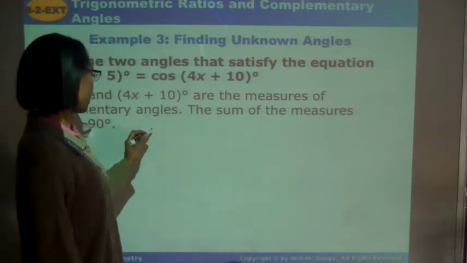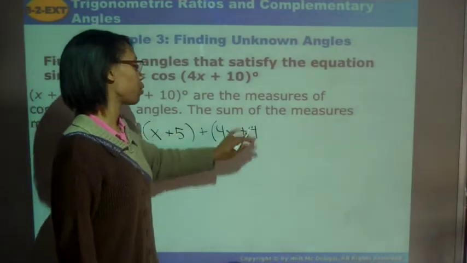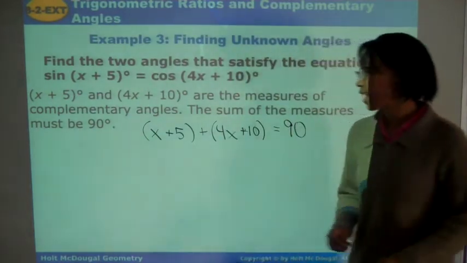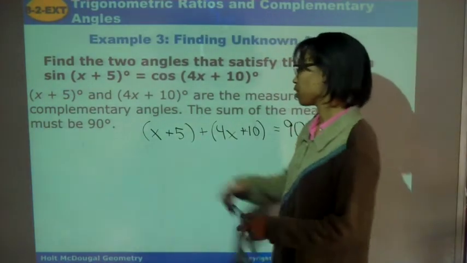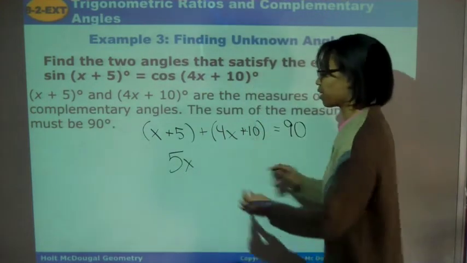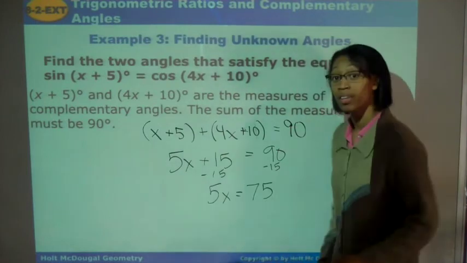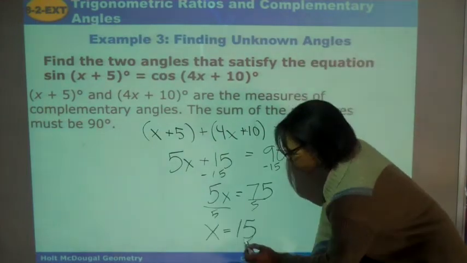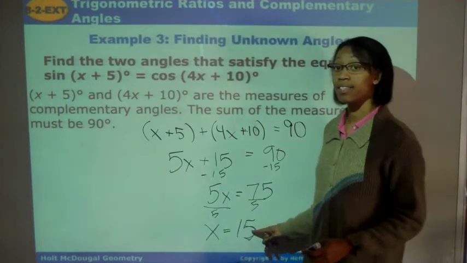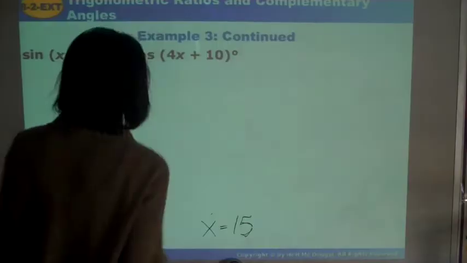I'm going to say x plus 5 plus 4x plus 10 equals 90. Let's add these together. 4x plus 1x gives us 5x. 5 plus 10 gives us 15. Subtract 15 and divide by 5. We get that x equals 15. Now that we have x, let's plug x back in to solve for what the angles are.